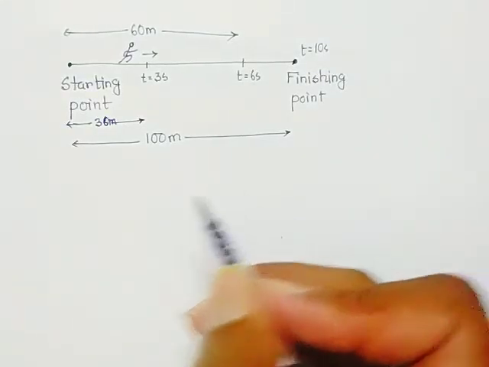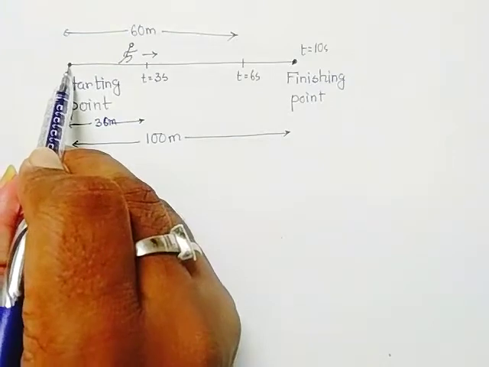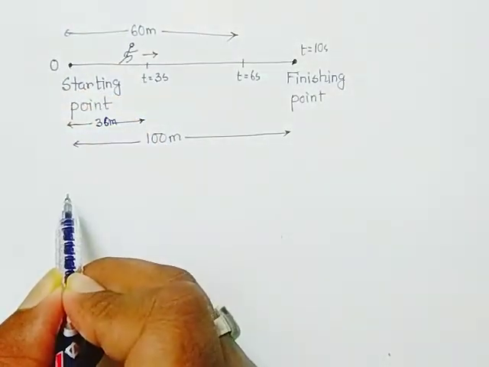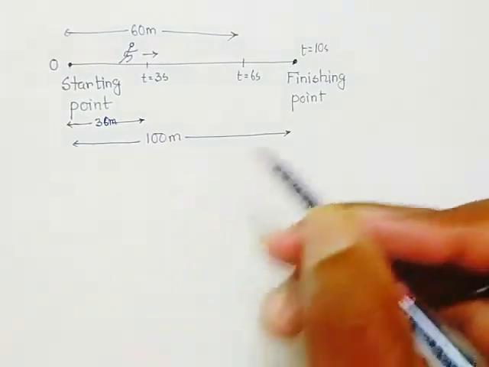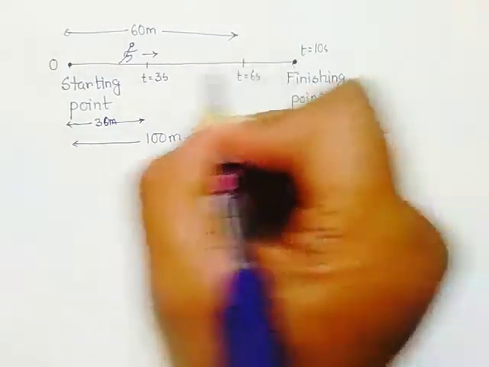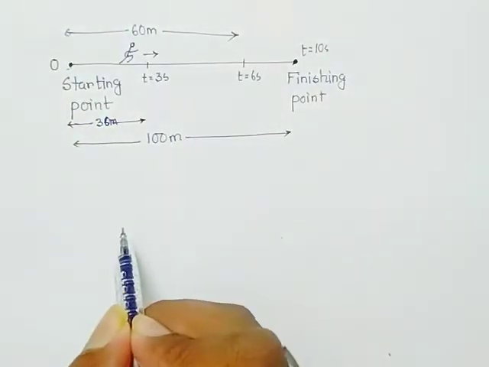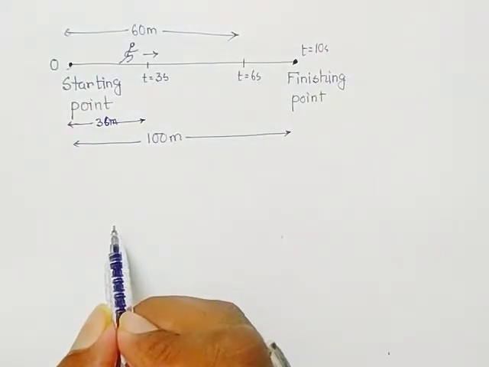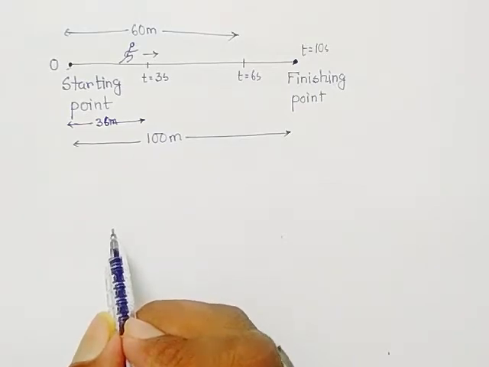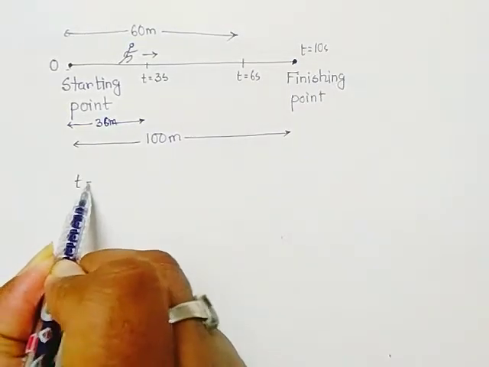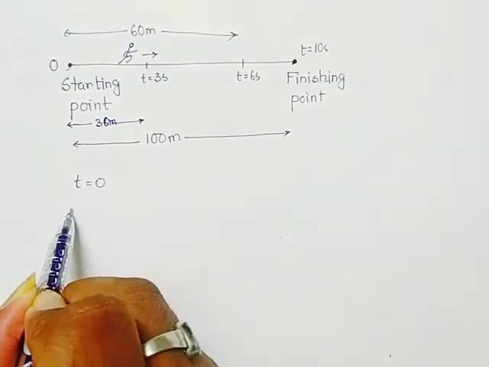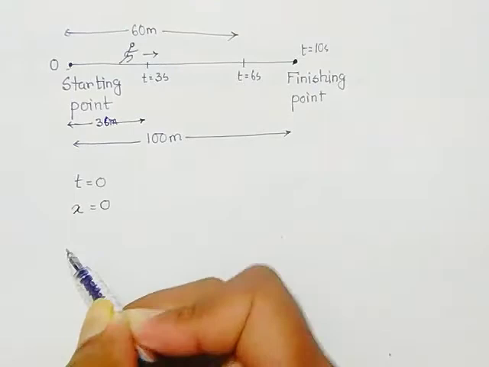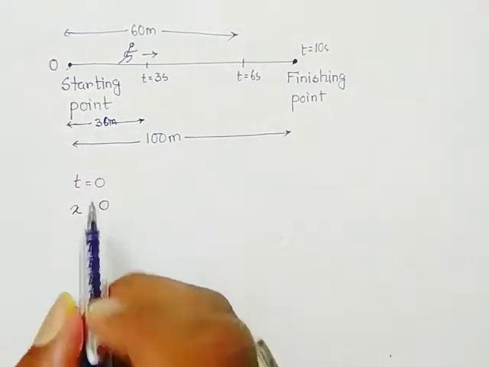If I consider the origin or the point of reference here, and measure the position of the object with respect to it, then at t equal to 0 seconds, he is at the starting point.